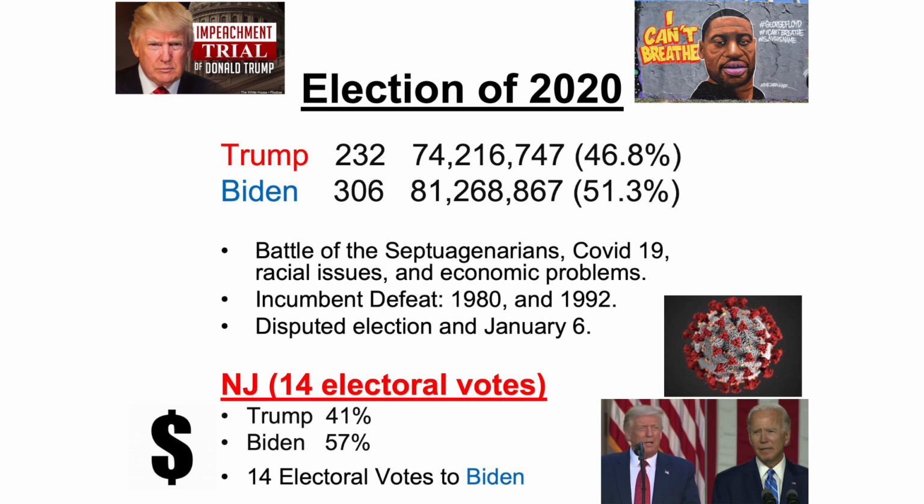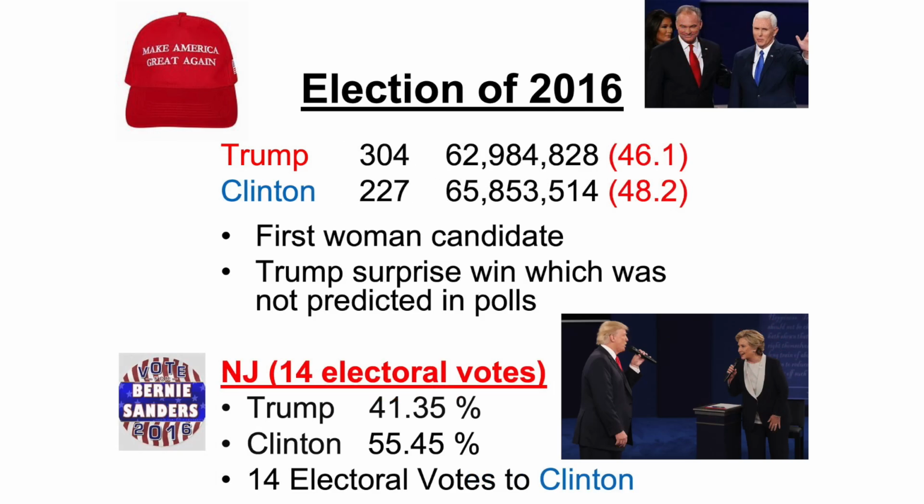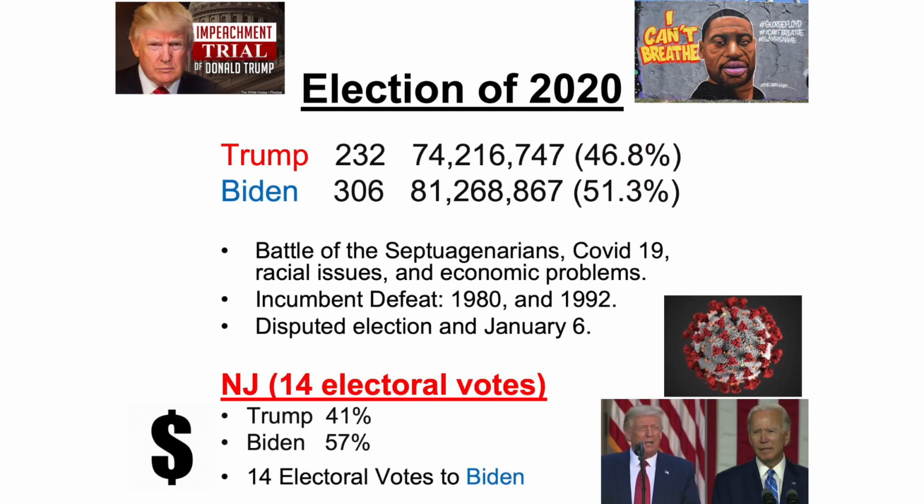Yeah, go back to 2016. Oh no, I wasn't. Yeah, no, Trump had 304. What I'm saying is that as far as how many people voted for him, he went down, as far as electorally. Biden won with 306. Yeah.